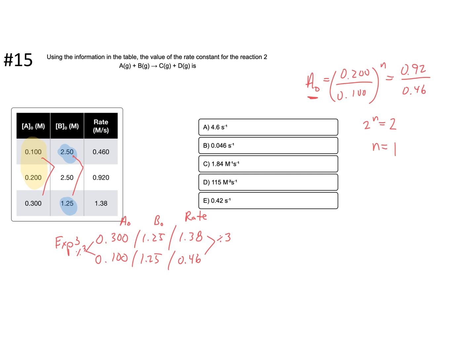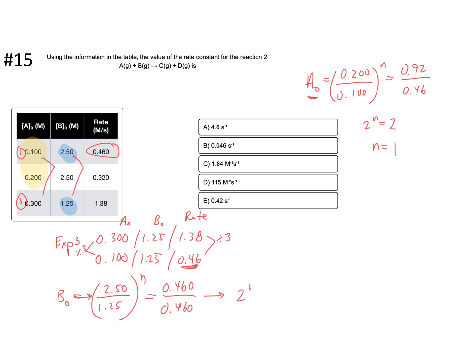So now I can use experiment 1 and experiment 3, the modified version of experiment 3, to find the order of reaction for B. For B, larger concentration 2.5, smaller concentration 1.25, raised to the n equals 0.46 for my rate, and my other rate is also 0.46, which is kind of an interesting thing, and we'll see in a minute why that happens.